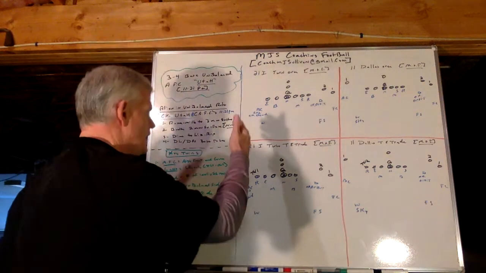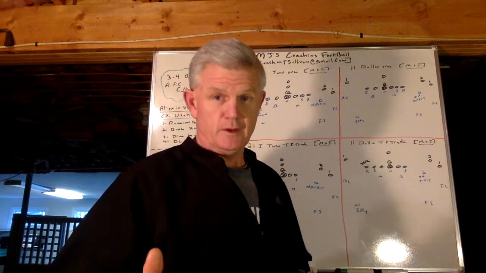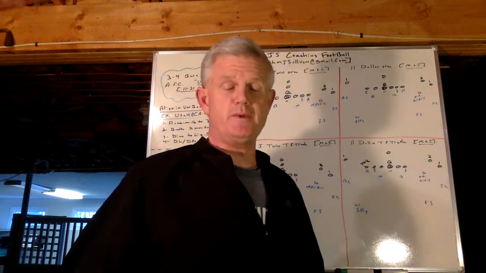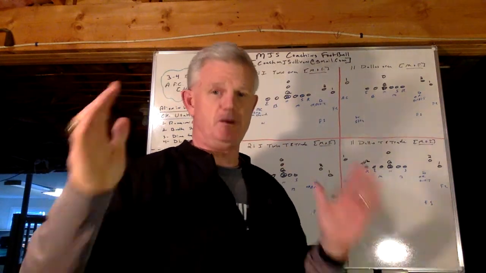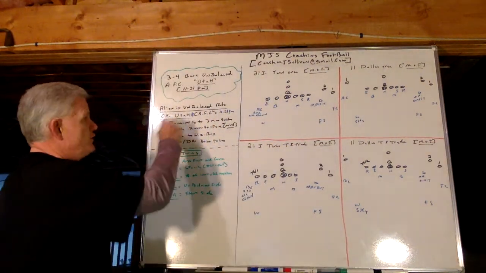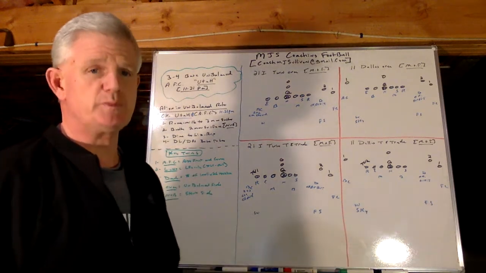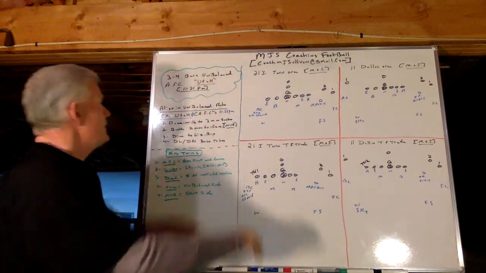Then I'm going to show you how, if the tight end trades to the unbalanced, we make the adjustment to get to the same Utah A.F.C. When I go over the key terms, I'll explain that in more detail.